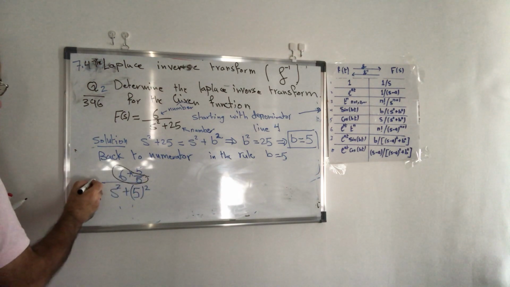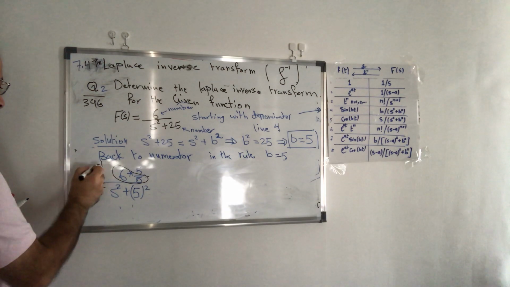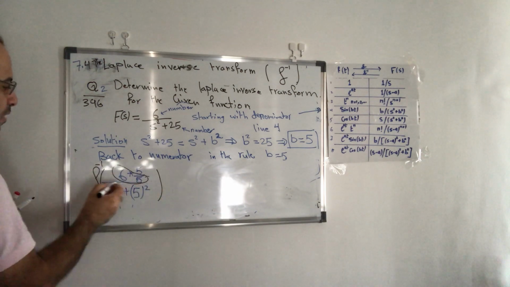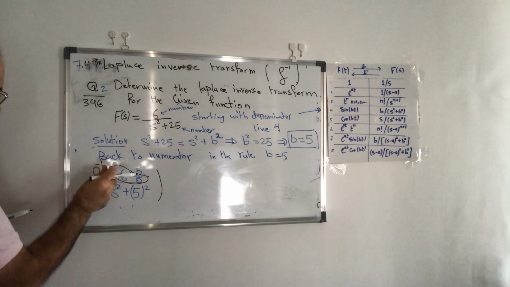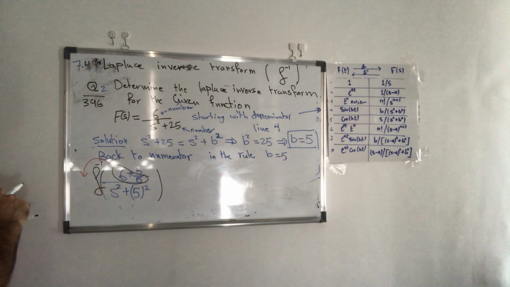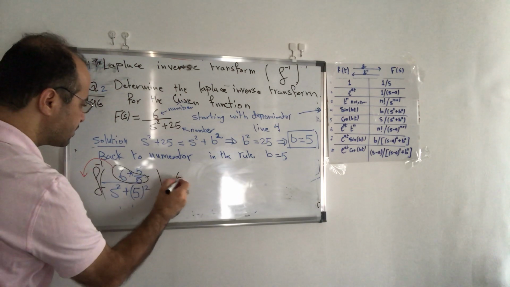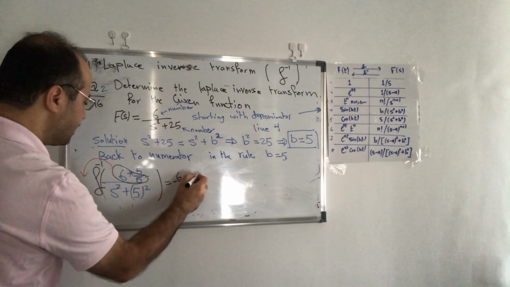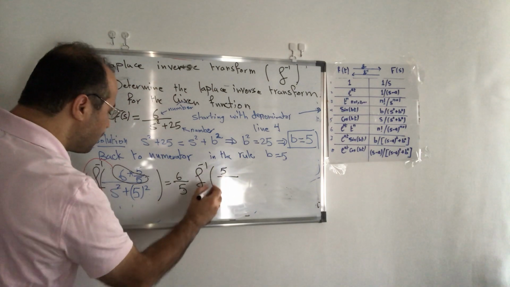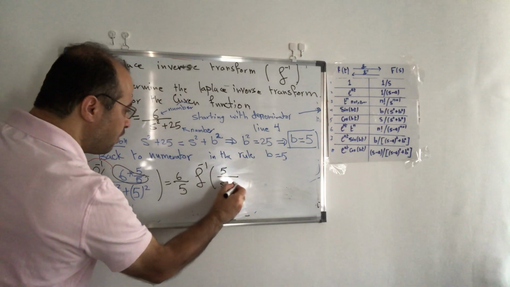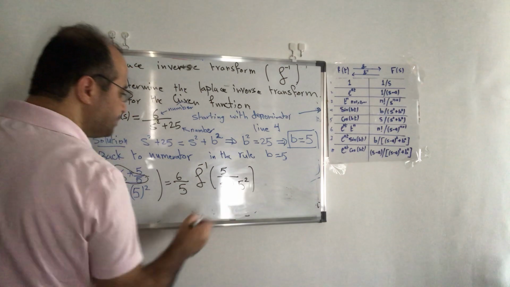So when you go with Laplace inverse now, you apply the linearity and take this outside the Laplace inverse, then I will get 6 over 5, and then Laplace inverse of, now I have what I want, s squared plus 5 squared, right?